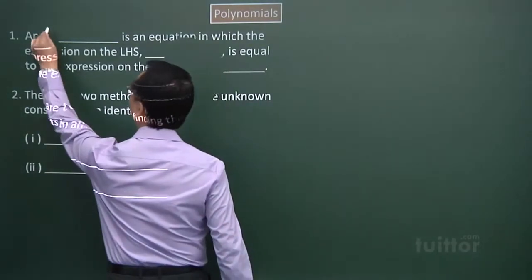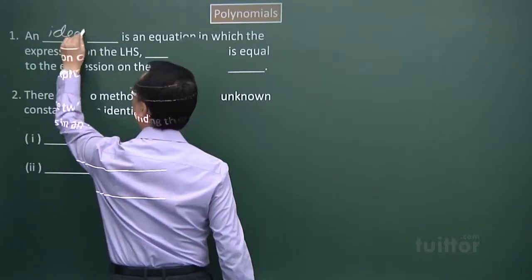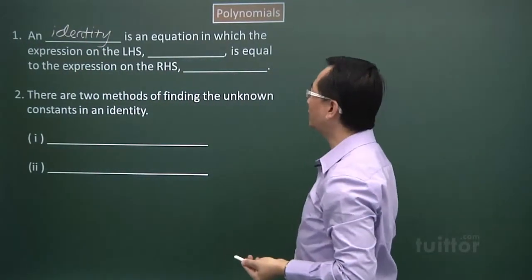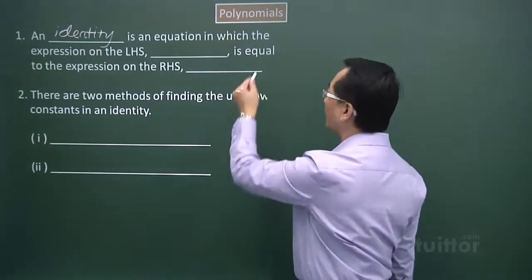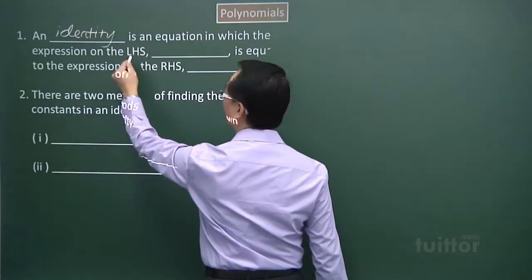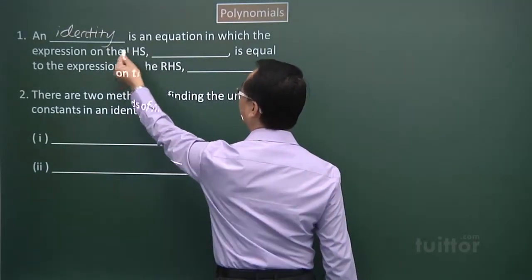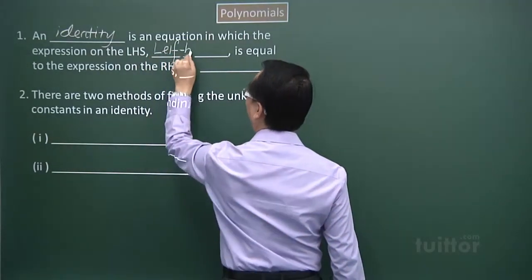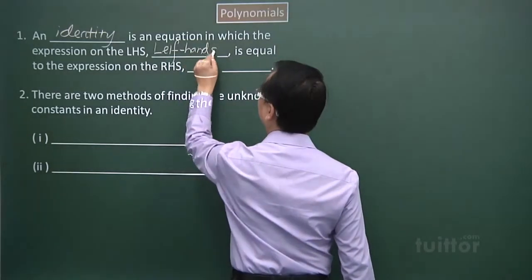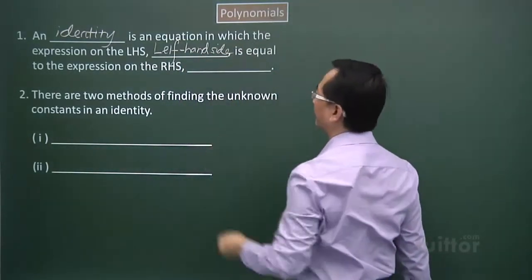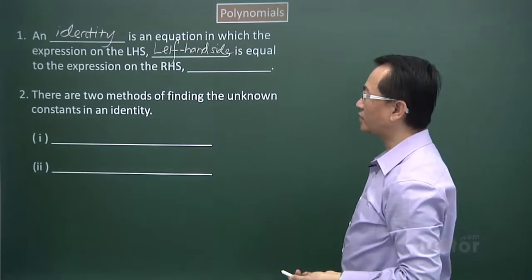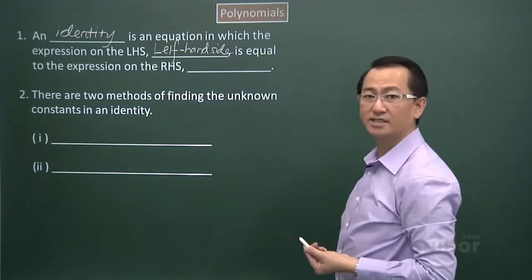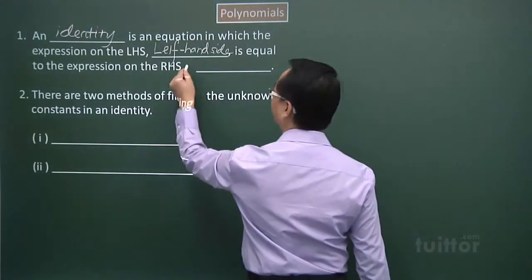An identity is an equation in which the expression on the LHS, that stands for left hand side, is equal to the expression on the right. The RHS is the right hand side.